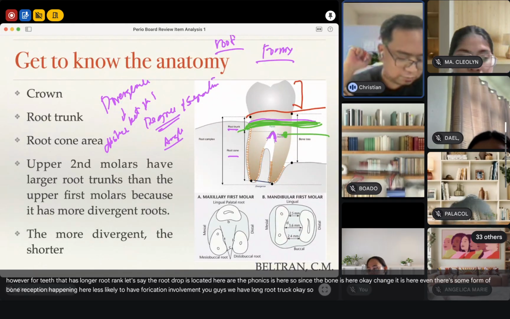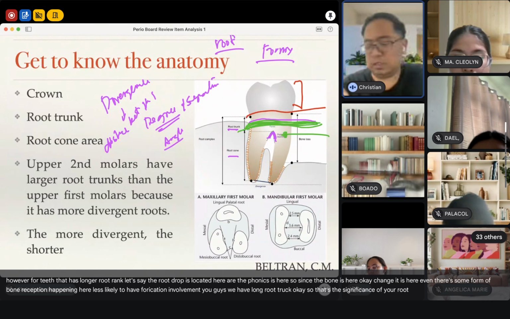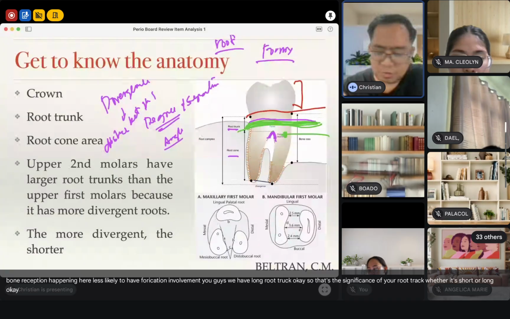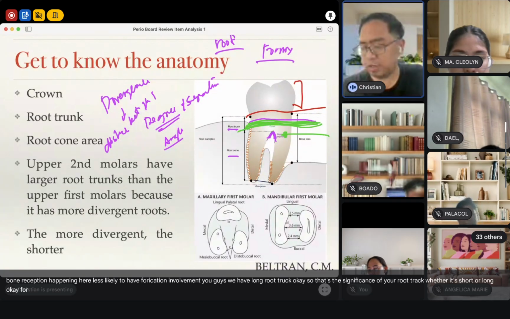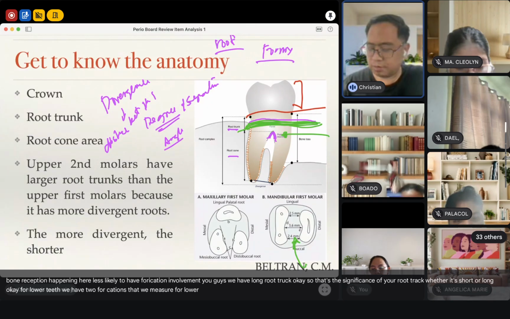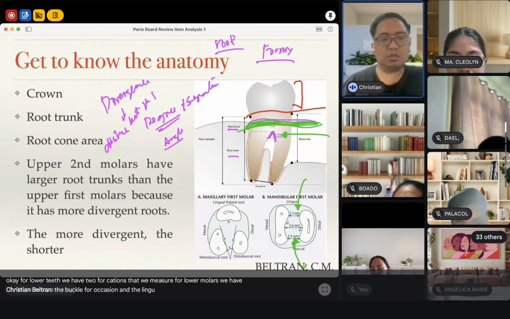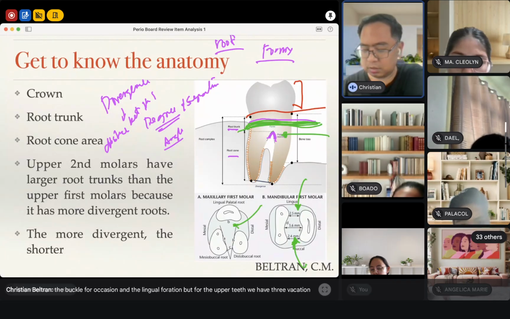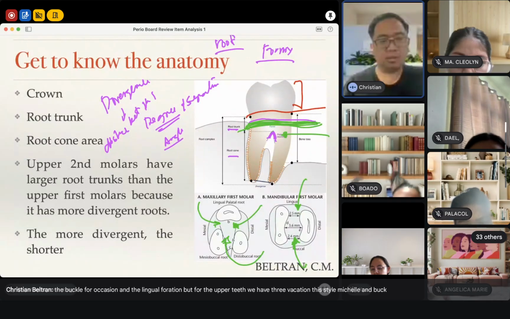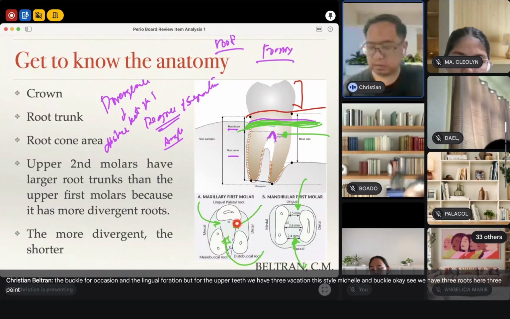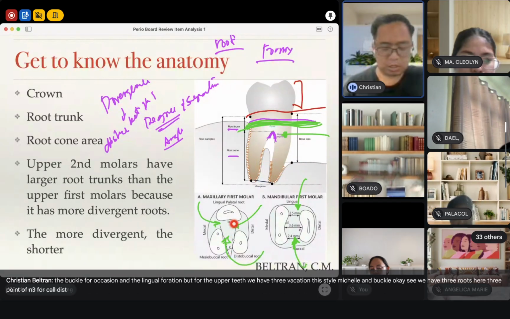So that's the significance of your root trunk, whether it's short or long. For lower teeth, we have two furcations that we measure. For lower molars, we have the buccal furcation and the lingual furcation. But for the upper teeth, we have three furcations: distal, mesial, and buccal. So we have three roots here, three points of entry: buccal, distal, mesial.